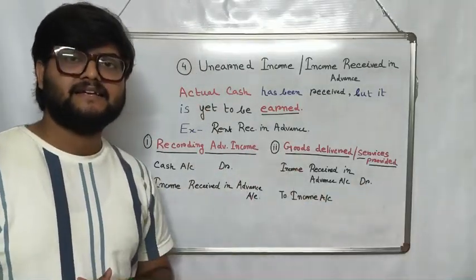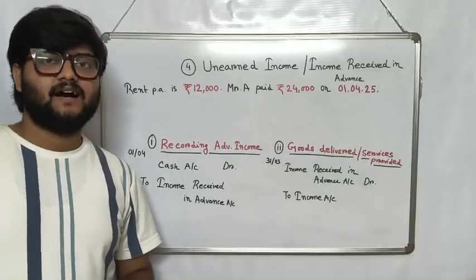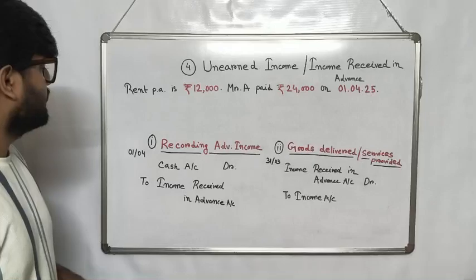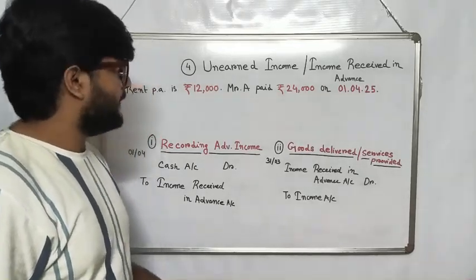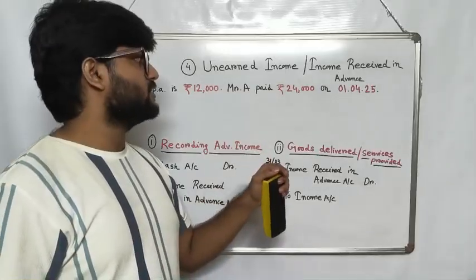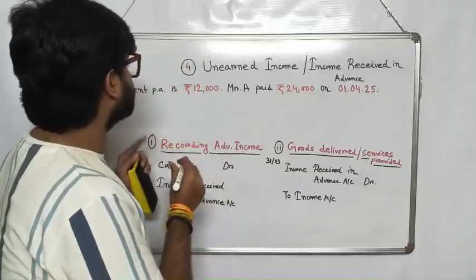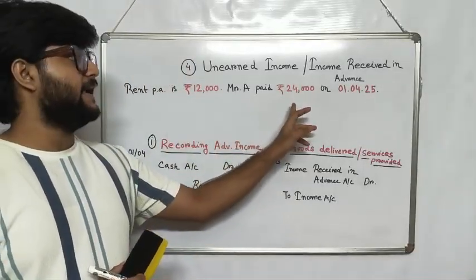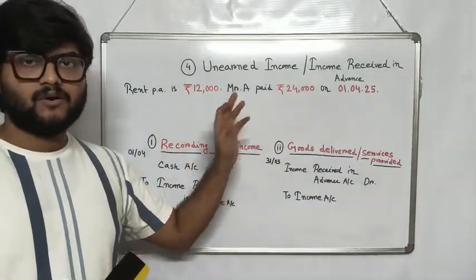Now to understand it in a simple way, we will take a real life example. Now we will see a real life example of unearned income. Okay. Rent per annum is rupees 12,000. Mr. A paid rupees 24,000 on 1st of April 2025. Now we can see that the annual rent is 12,000, but he paid rupees 24,000, that is 2x the annual rent.